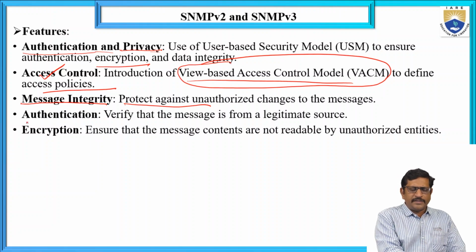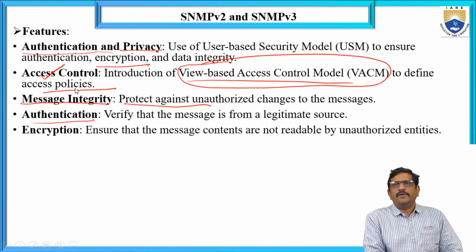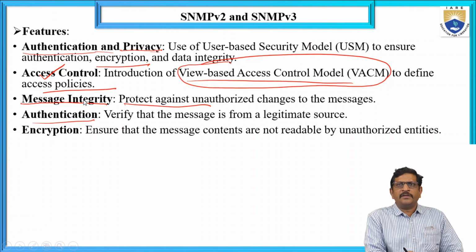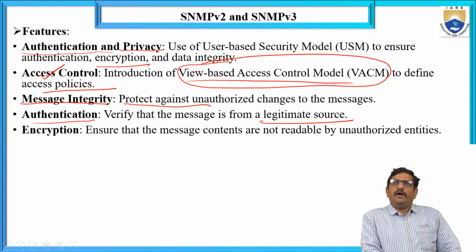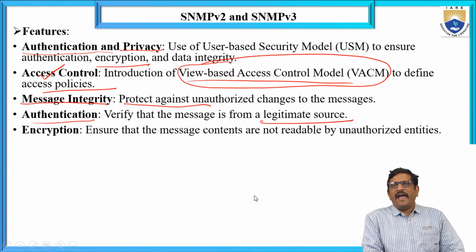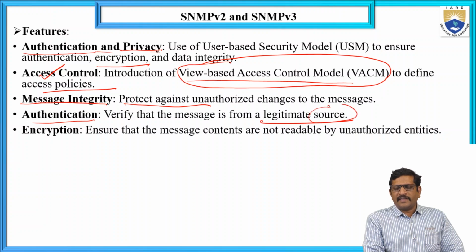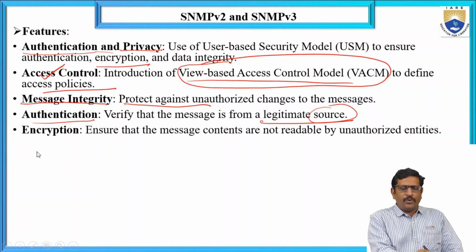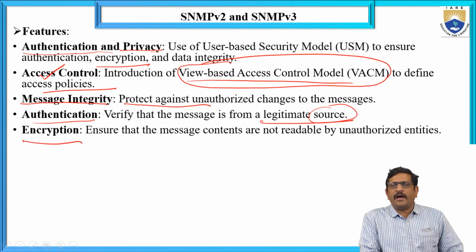Authentication. Authentication is the next feature. Authentication means the source can be utilized only by legitimate users. Only authorized users, meaning legitimate users, can access the data or the source of the data. Encryption is a security technology, a security mechanism.